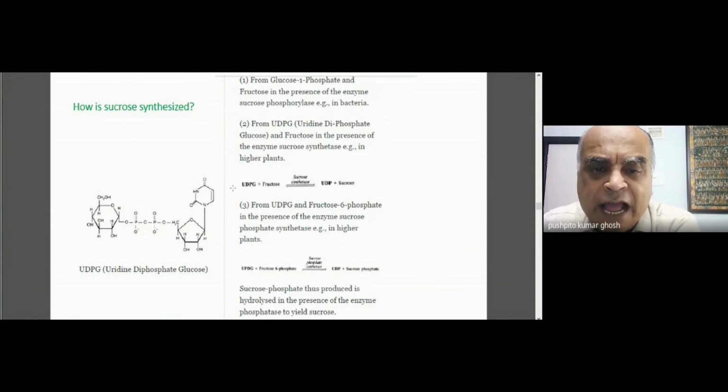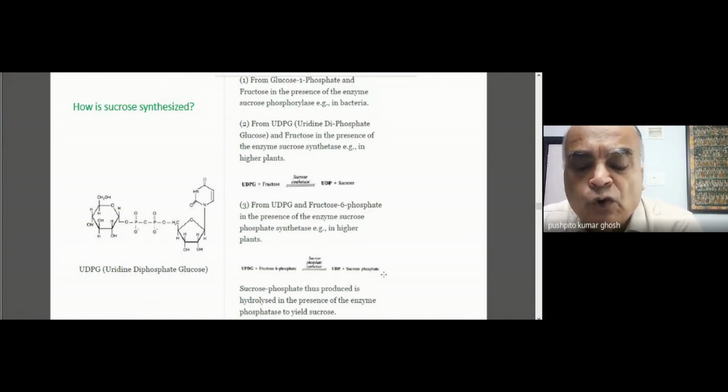So either you can have one phosphated glucose or fructose and combine with another, or you can take both of them in a phosphated form, and in the presence of this enzyme, it forms sucrose phosphate and releases the glucose-free uridine diphosphate, and this subsequently gets hydrolyzed and forms sugar. Okay, so that is how sucrose is produced.